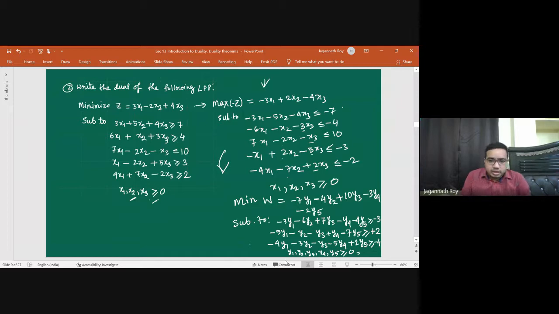Okay. Now you can write it another way: maximize minus w.